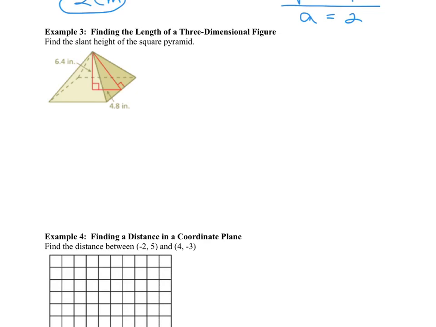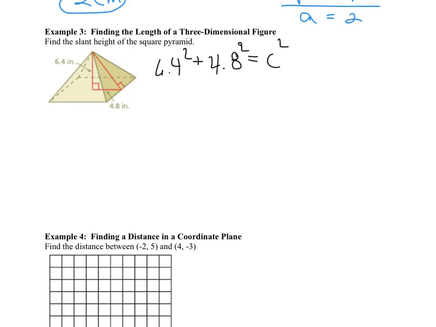So to fill in the work here, we want to just say we have a squared plus b squared equals c squared. So this time we have the two legs.